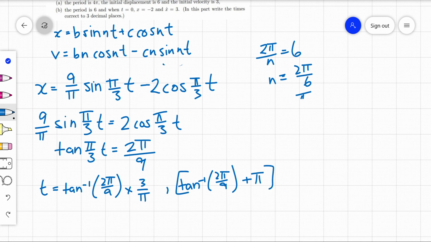And again, that would be pi on 3 t, so to get t I multiply by 3 divided by pi. If you do that in your calculator, remember to be in radians, to 3 decimal places, the question says. So that would be 0.582 seconds and 3.582 seconds. They would be the first times it has 0 as its displacement.